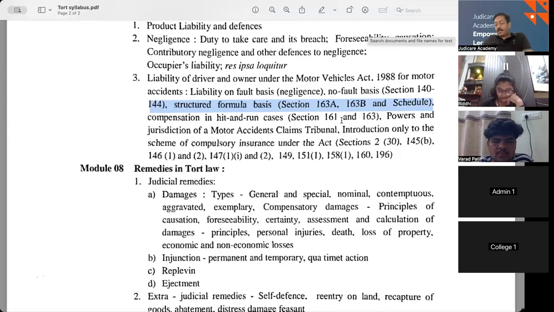But what is the validity of policies of insurance issued in reciprocating countries? There might be countries where insurance companies are reciprocated. They will work here, they will work there.